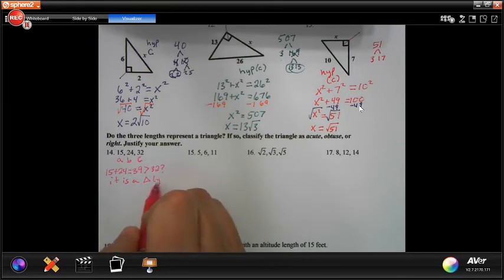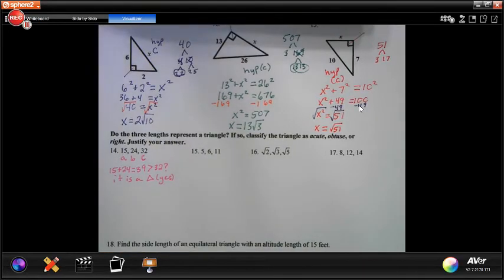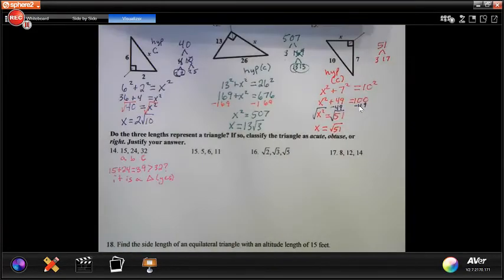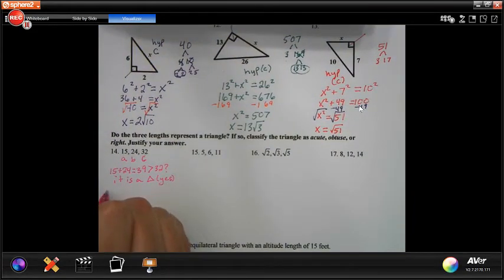Since we know it is a triangle, we need to find out what kind. So, using the formula, we do our C squared first. So, we're going to have 32 squared first. I'm going to leave a blank here. I don't know what symbol goes there. And then I have 15 squared plus 24 squared.